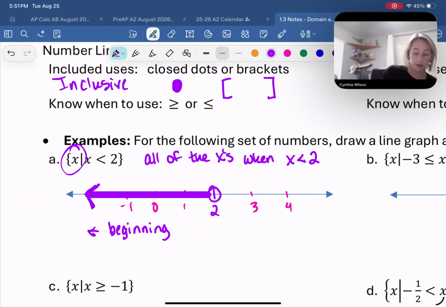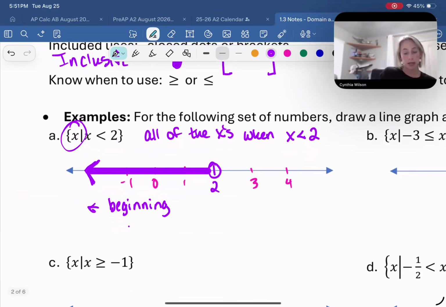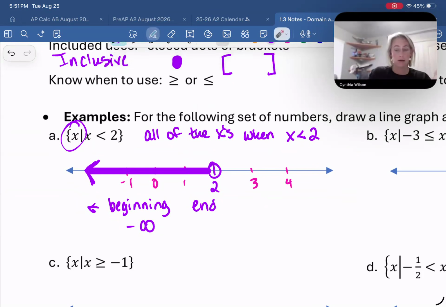It's pointing this direction. That means your beginning is negative infinity. Now I need an end. Okay, well, I started at negative infinity. Where does my purple line end? It ends at 2.